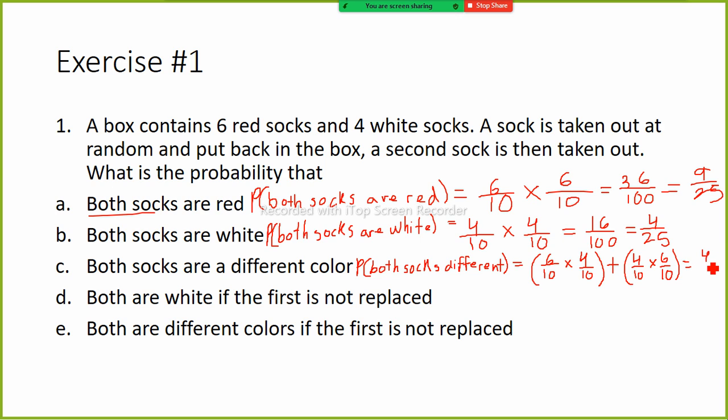So it's gonna be 48 over 200? Remember, we don't add. Oh, sorry. Yeah, 100. Okay. 48 divided by 100. How can we simplify that?